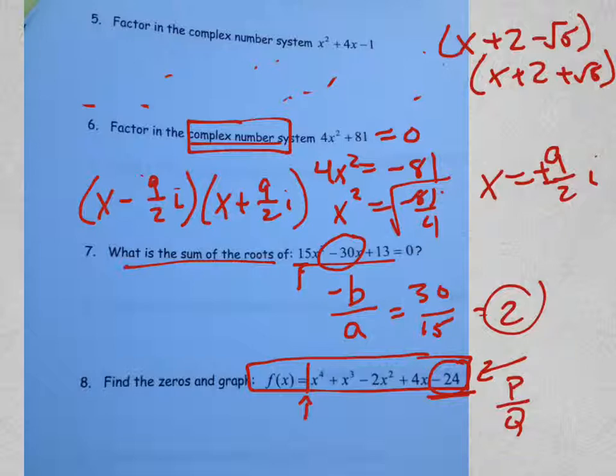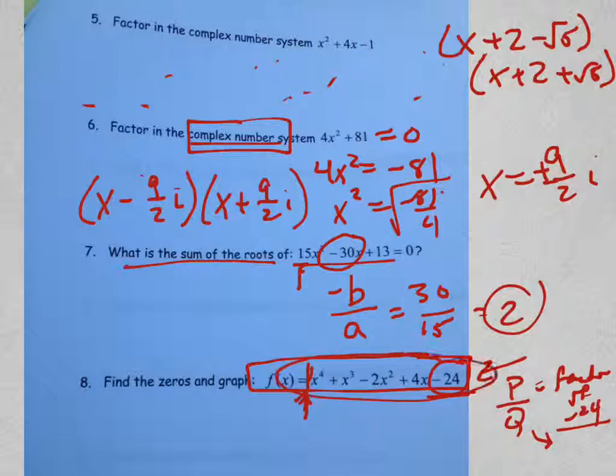There's a property that says if there's a rational root, then it is in the form of P over Q, where P is a factor of -24 and Q is a factor of 1, the leading coefficient. So just start plugging in numbers and see if 1 works, or 2 or 4 or 6 or 8 or 12 or 24, or negative of any of those.